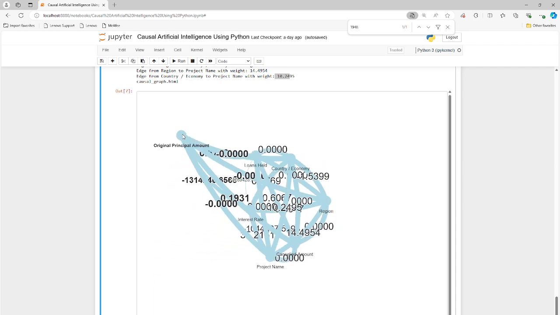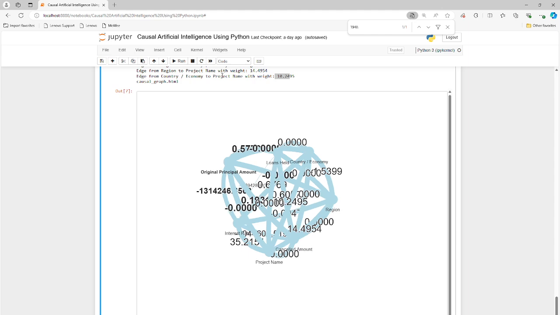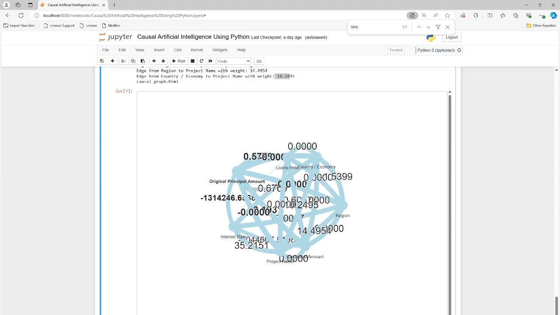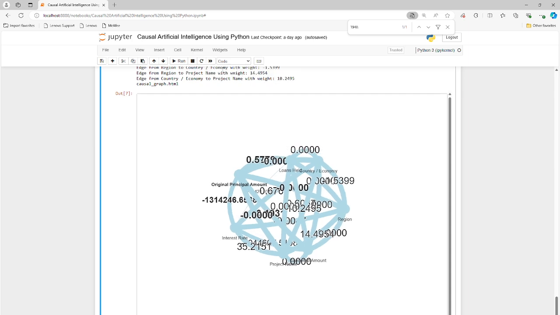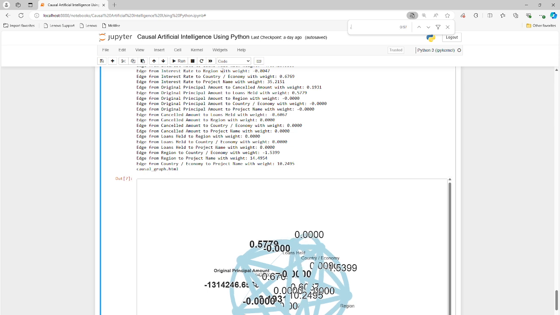Let's try to match up one or two of these. If I go over here, I see a 0.57. If I go up a little bit, it's 0.57. Control F, 0.57. I see it, yeah, right there.